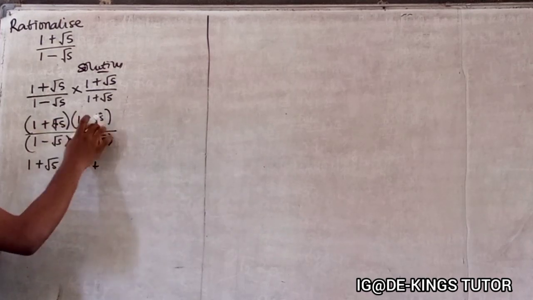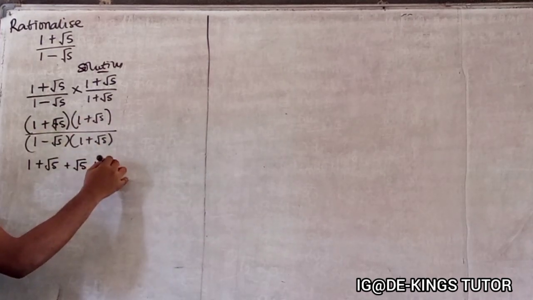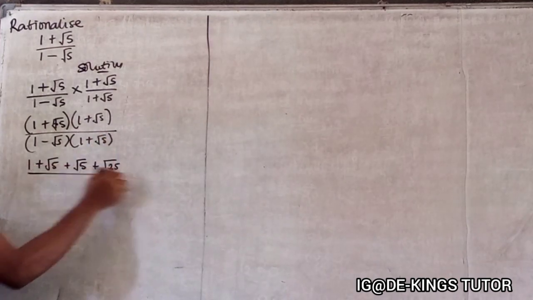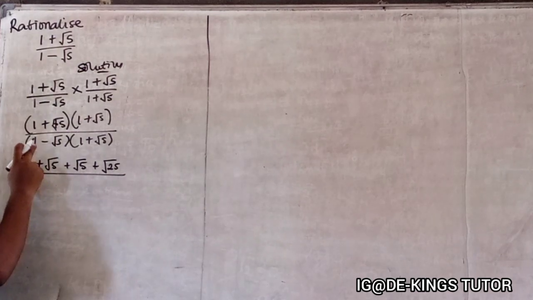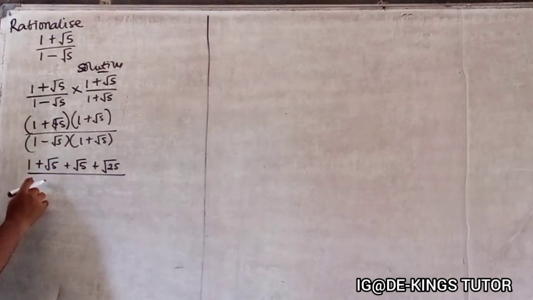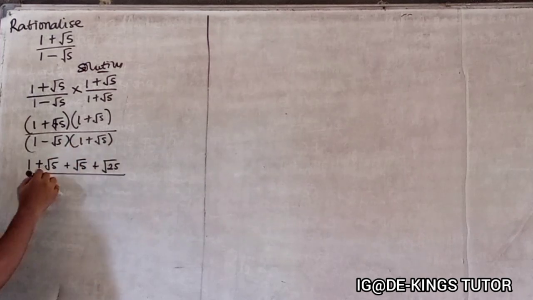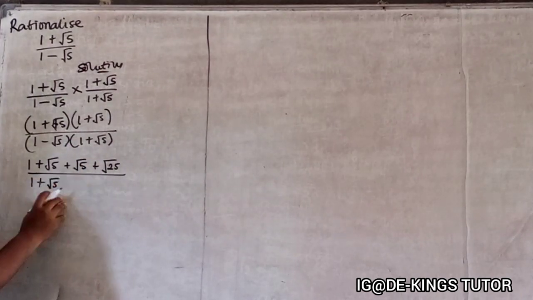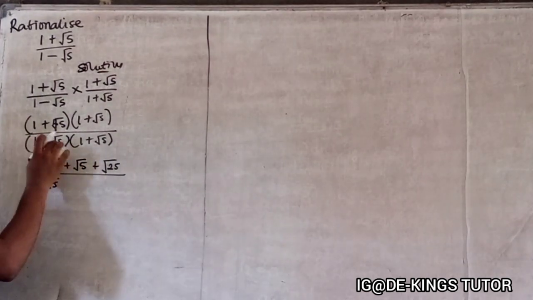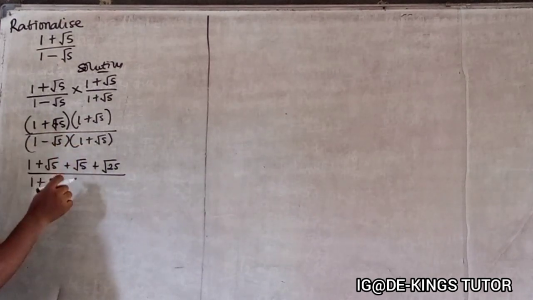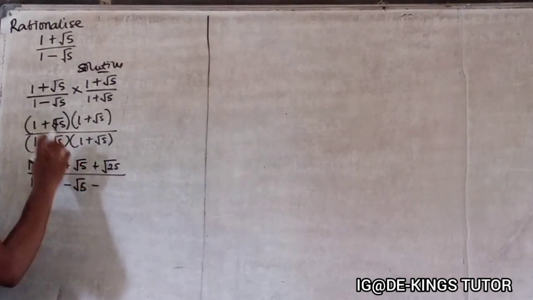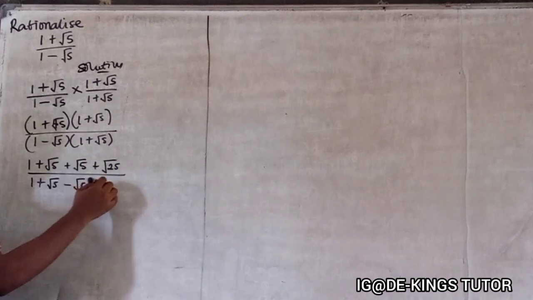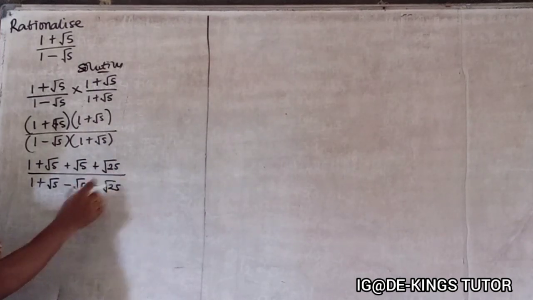And plus root 5 times root 5, which is 5. So for the denominator we have 1 times 1 is 1. 1 times root 5 we have root 5. And minus root 5 times 1, minus root 5 times root 5 is minus 5, and the root 5 terms still appear.